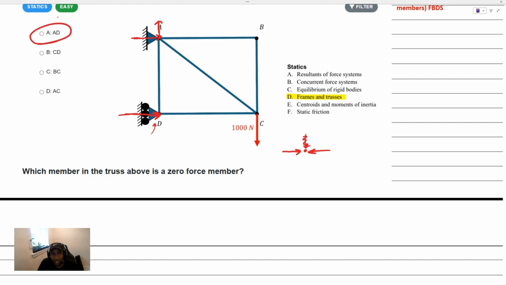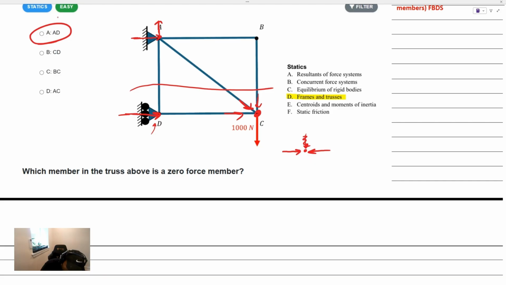All right, so it's really about analyzing all of the joints, and you can kind of do it in your head when you're looking for these zero force members. So you can look at those different joints, or you can make different cuts, right? Like when you make a cut right here and you free the body, you can see that all of these members are two force members, they're towards or away from the joint, and none of these would produce a moment about point C. That reaction at D would intersect that point C in order to have a sum of the moments which is equal to zero.